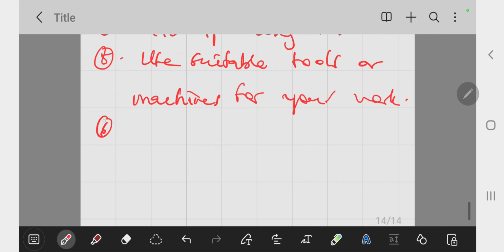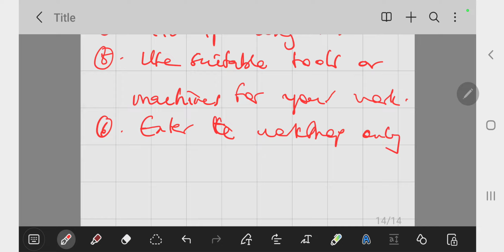And then number 6, you need to enter the workshop only with the demonstrator's permission.